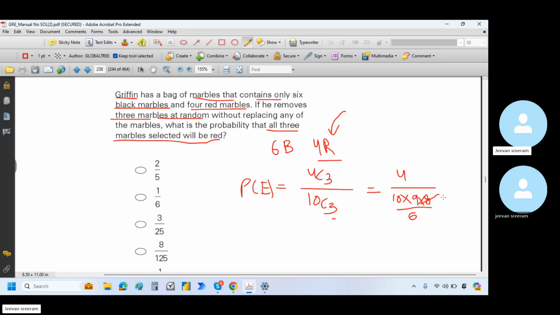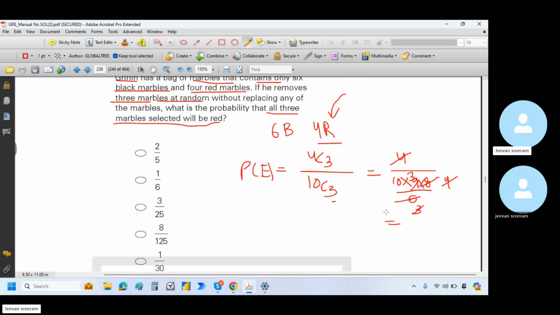So 2 4s are 8, 2 3s are 6, and the 4s cancelled. So we get 1 by 30.